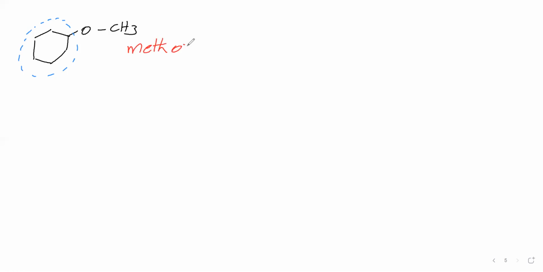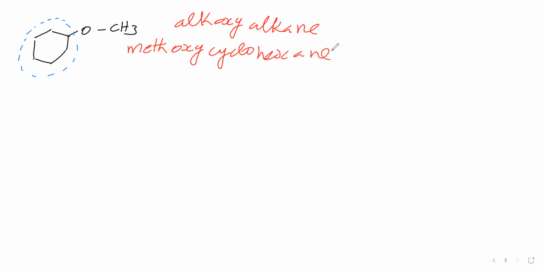This oxygen we say oxy, so methoxy. For ethers we say alkoxy alkane, no? Like that. So the alkoxy part contains one carbon, therefore methoxy. This alkane part is a cyclic compound, therefore cyclo, and 6 carbon atoms, therefore hexane. So methoxycyclohexane.